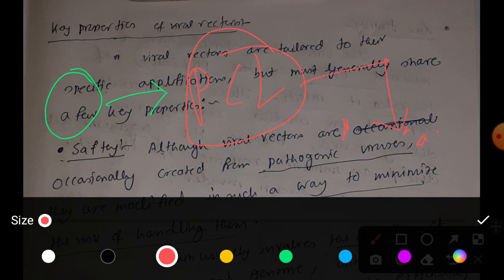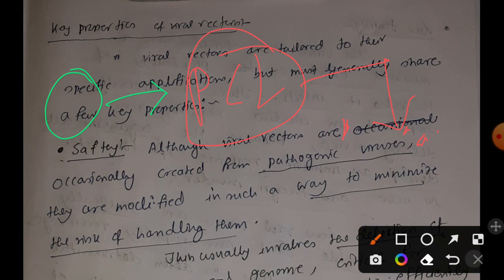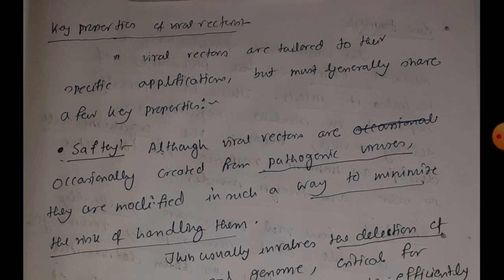Then we purify the amplified viral particles, undergo titration, and then transfer the amplified viral particles into a specific cell of interest. That is how a standard protocol of a recombinant viral delivery system works. So that was a quite quick recap of the first lecture video.